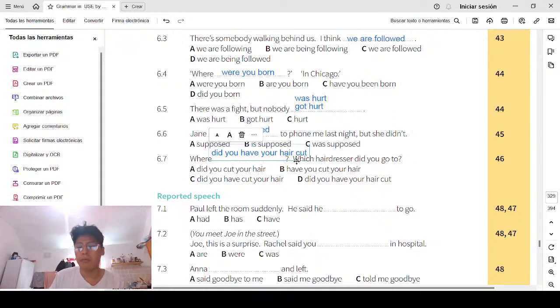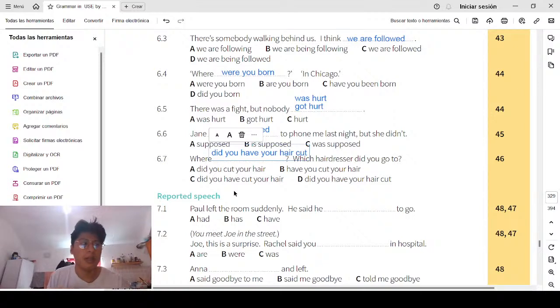Basically, have something done is just when we don't do the task. In this case, cut your hair. You can't do that for yourself, right? So you need somebody to do it. Maybe some person could do it, but we're taking that scenario.